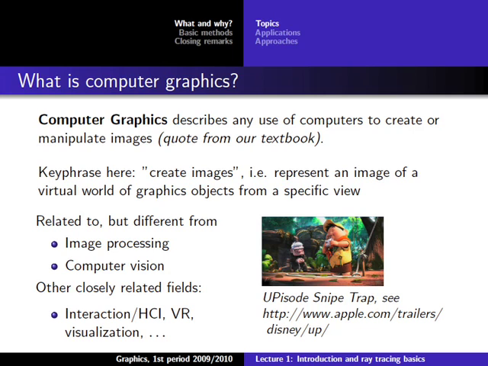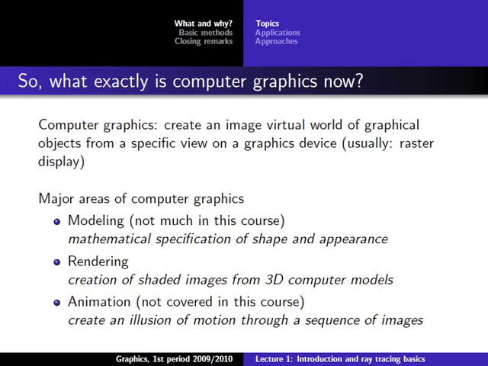Good. So now I talked a lot about what computer graphics is not, but what is computer graphics? There are certain aspects, but mostly everything that we cover in this lecture is related to 3D graphics.